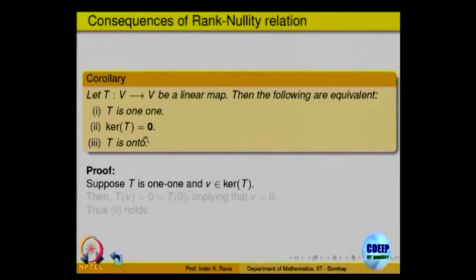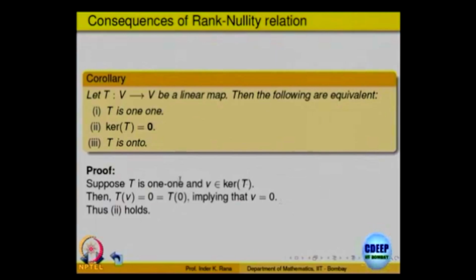and the proof is quite easy. Let us say T is 1-1, that means different elements go to different elements. If an element v belongs to the kernel of T, then we know that T(v) is 0, which is the same as T(0). That implies by the 1-1 property that v should be 0. So 1 implies 2.